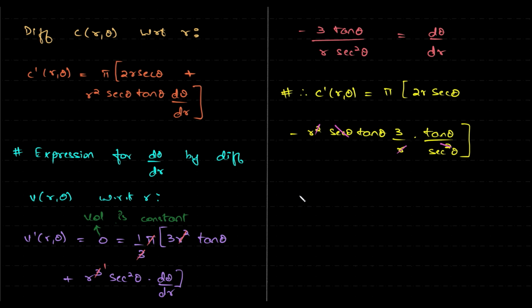Now, zeros of the above expression will look like 0 is equal to pi times of, I can take r common and nothing else, right?